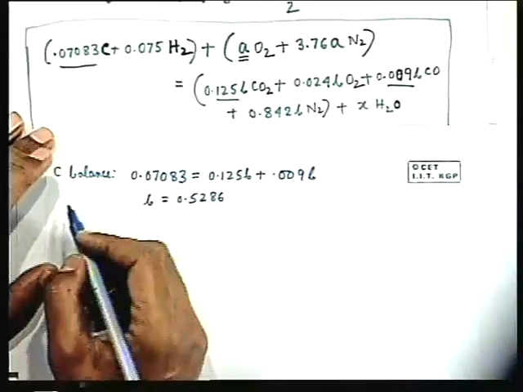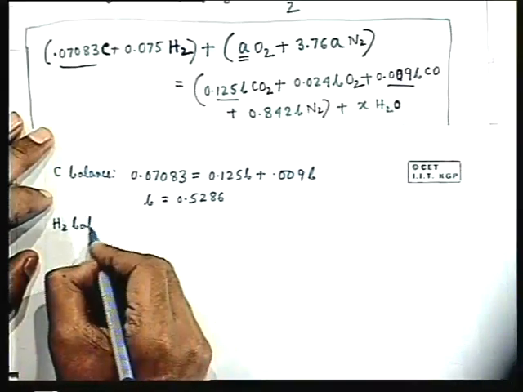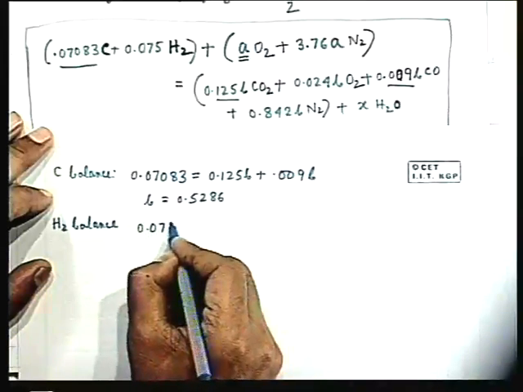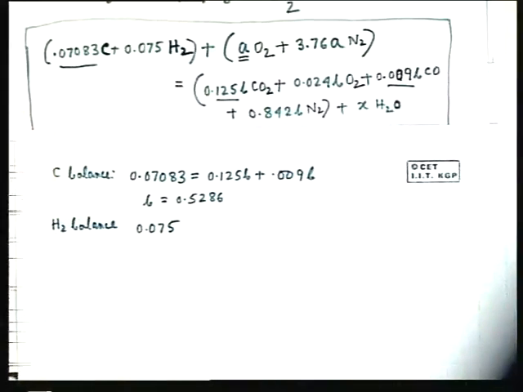Now you make the H2 balance. H2 balance is 0.075. These are all mass balances. Earlier I told you that the total mass of the reactants is equal to the total mass of the products, but here I am using a gross mass balance. You can track a particular element which was combined in giving some product, again in the products going to another product.